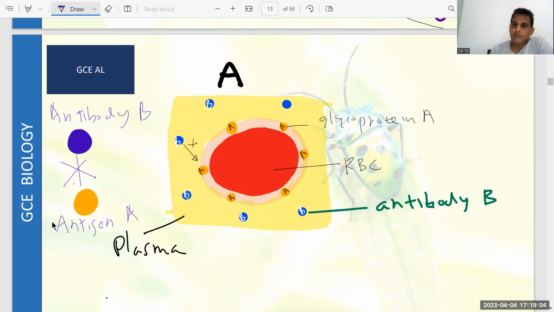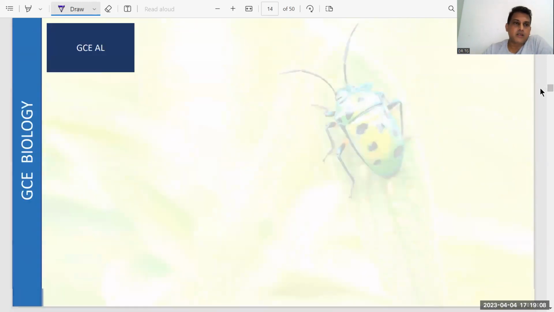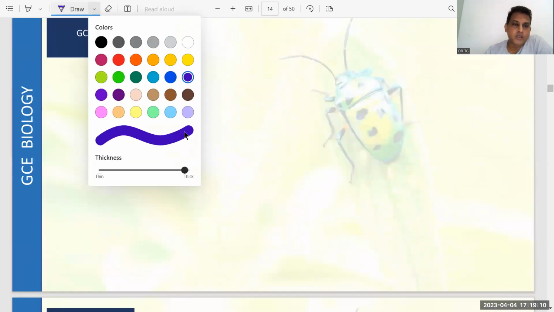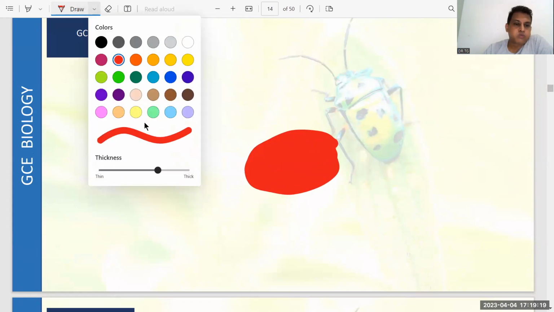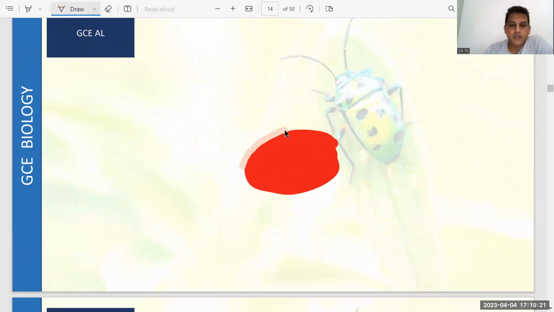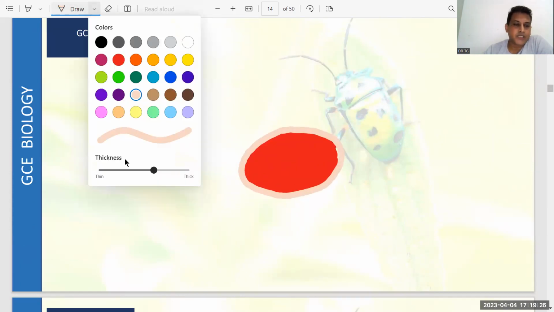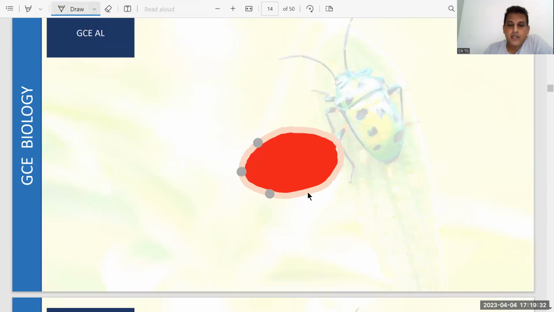Now let's take a person with blood group B. That's a red blood cell. This could be the plasma membrane, cell membrane, and these are the antigen glycoproteins.